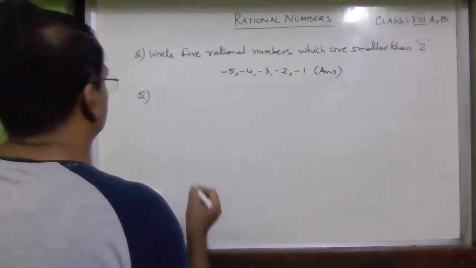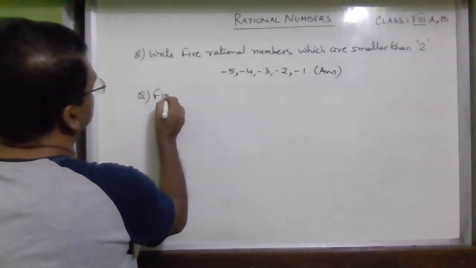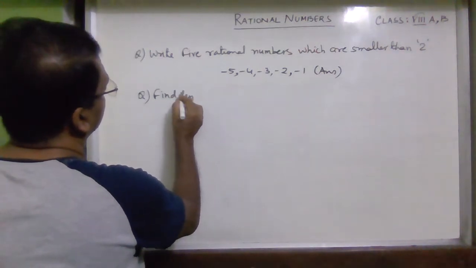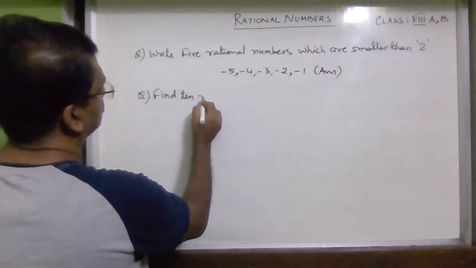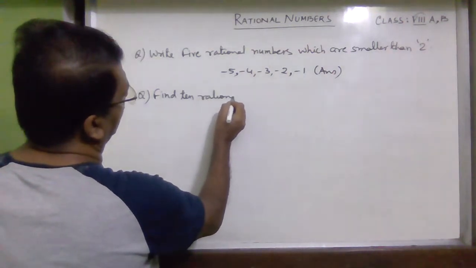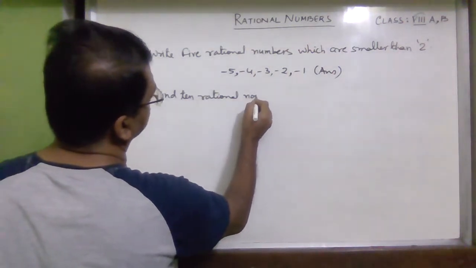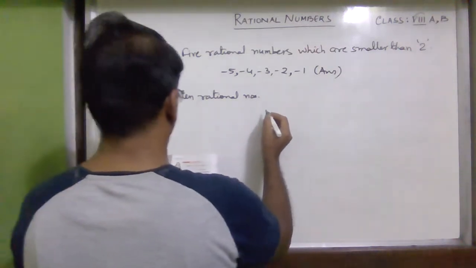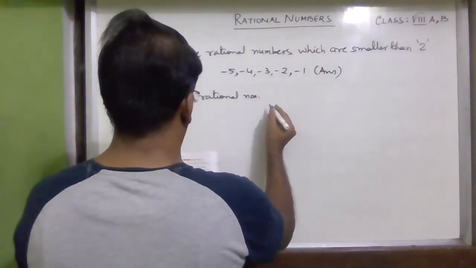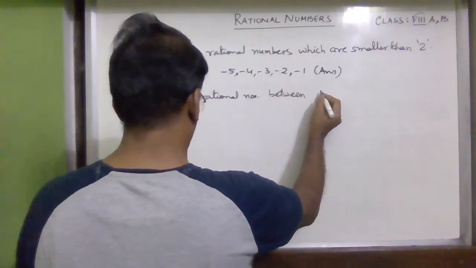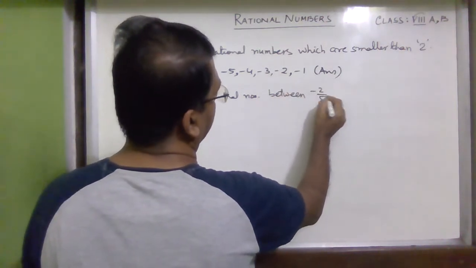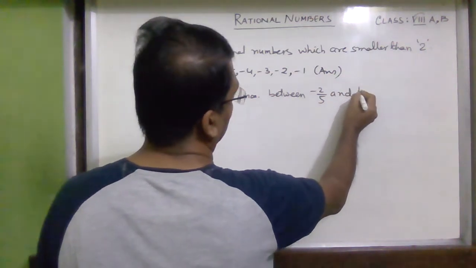The next question is, find 10 rational numbers between minus 2 by 5 and 1 upon 2.